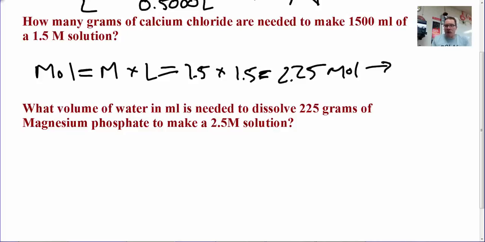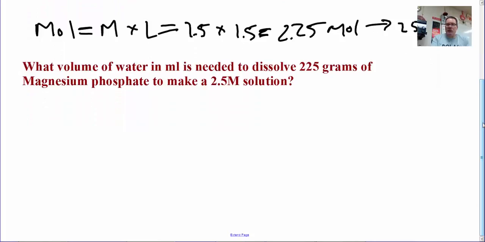So if I change it to grams, that's going to get me to 250 grams, if I convert 2.25 moles. I am leaving you some of this to do on your own, just because it's very old knowledge and you should be able to do it.